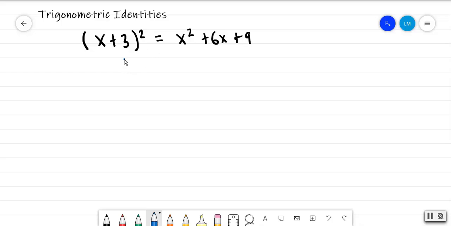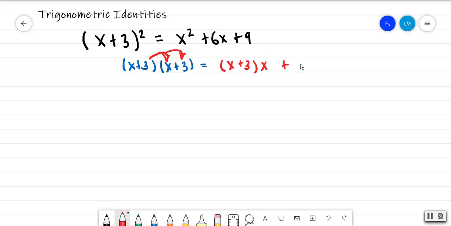So, for example, if I was to expand (x + 3)^2 as so, I know that if I multiply (x + 3) times (x + 3), using any procedure of foiling or distribution, in either case you end up with x times (x + 3) plus 3 times (x + 3).